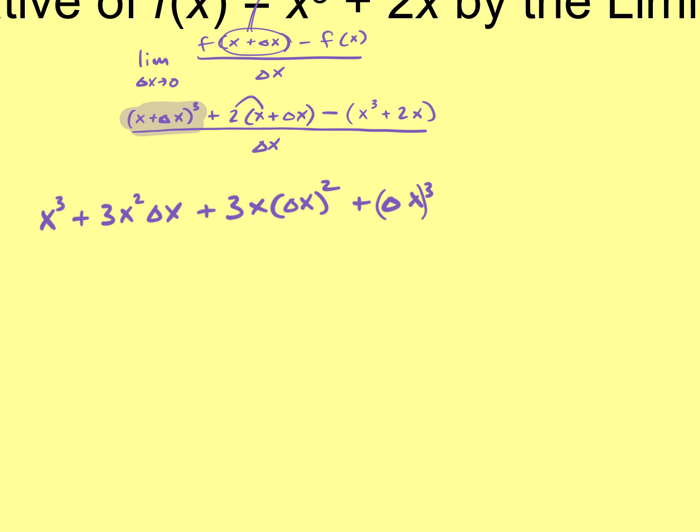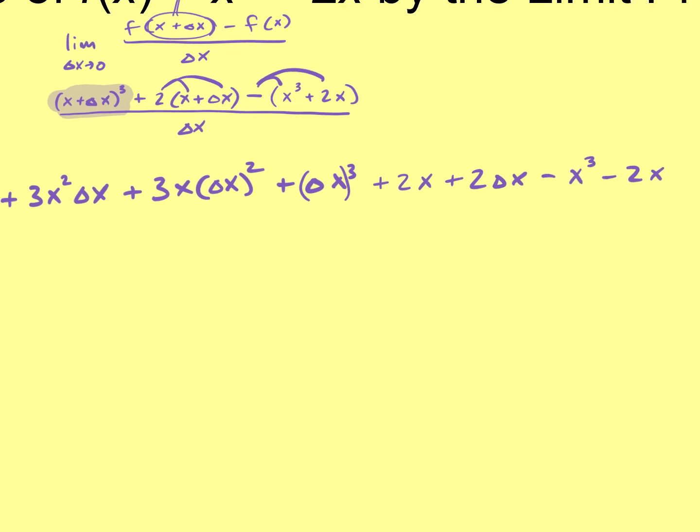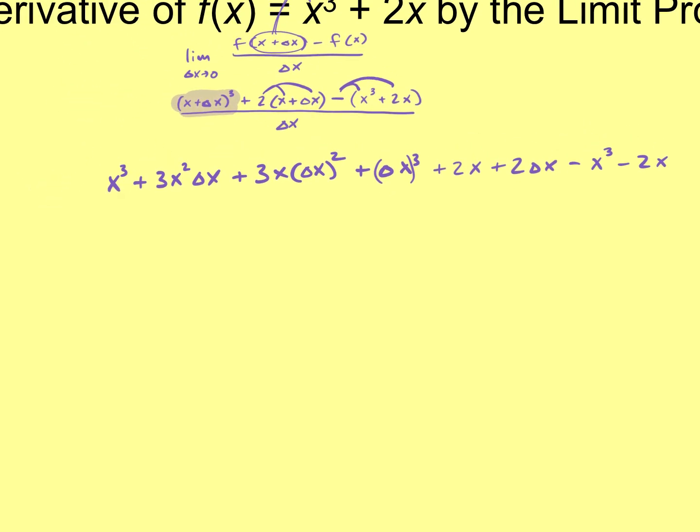Next, I want to distribute the 2. So plus 2x plus 2 dx. And then we're going to distribute the negative. So minus x cubed minus 2x, over dx.